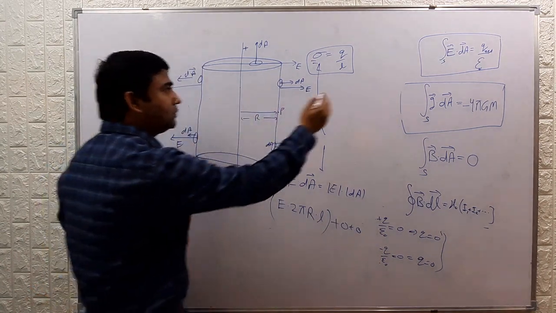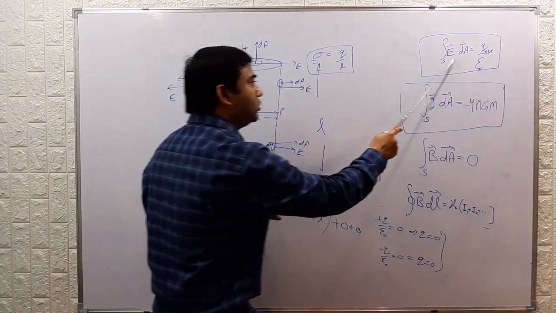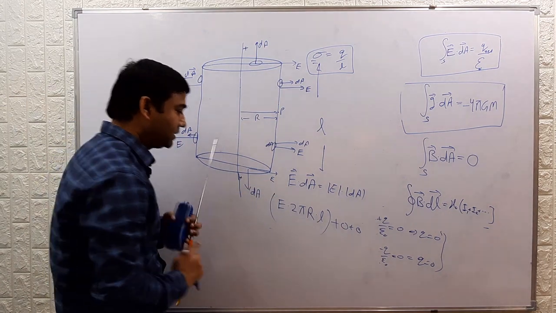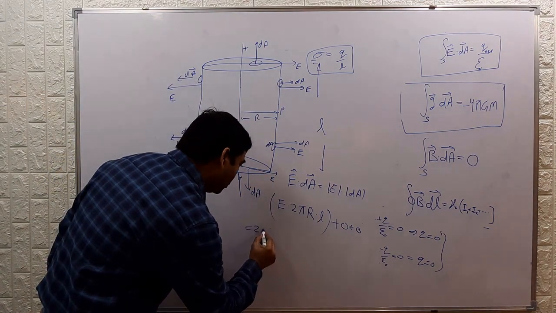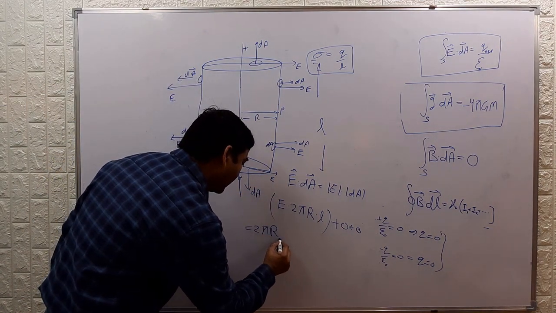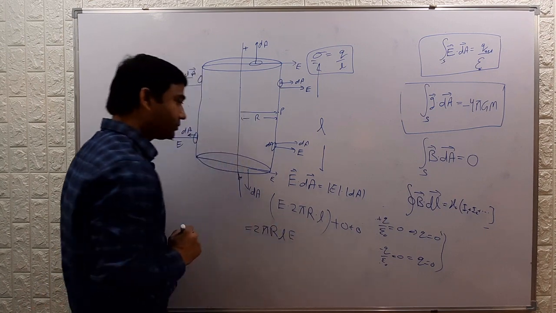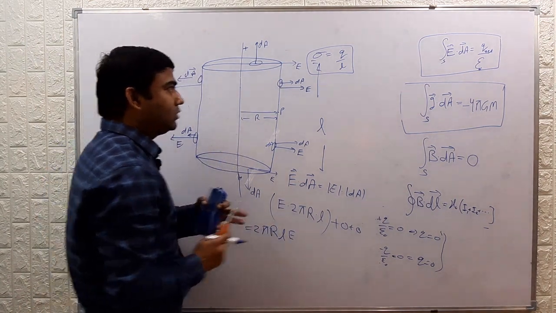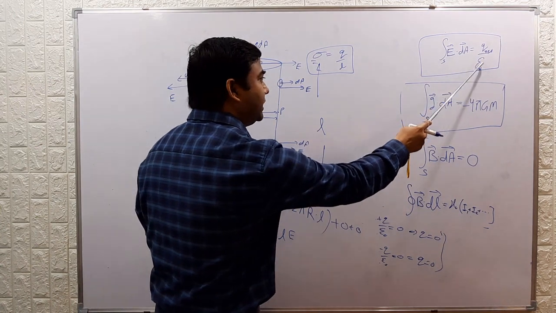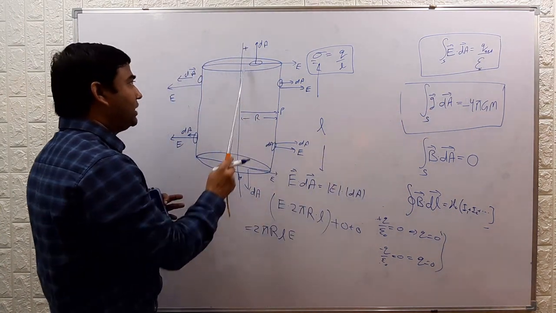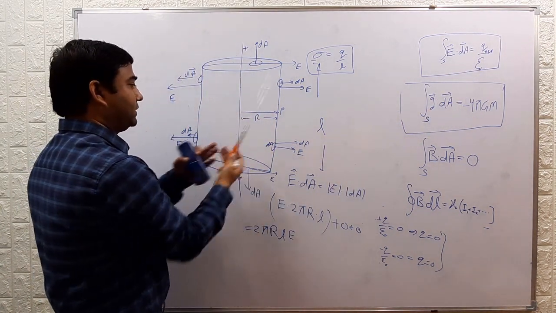So the total dot product, that is the total flux of E dot dA through the closed surface, is 2 pi r L E. Now, by Gauss's law, this is equal to Q net by epsilon 0. Q net is the charge inside this closed surface.